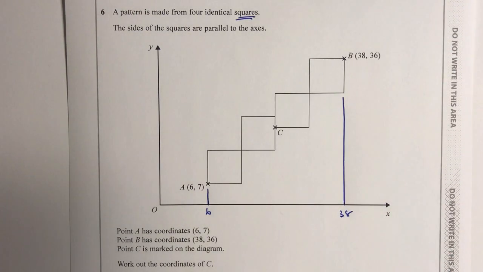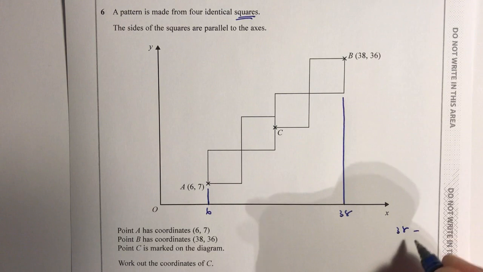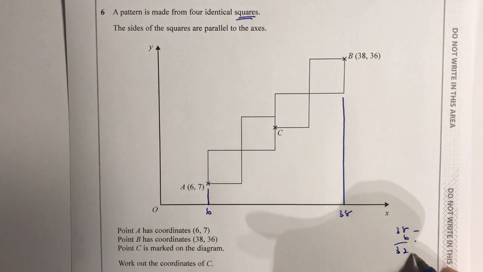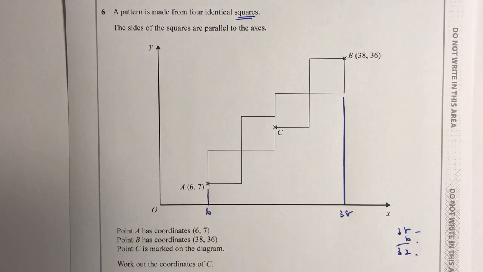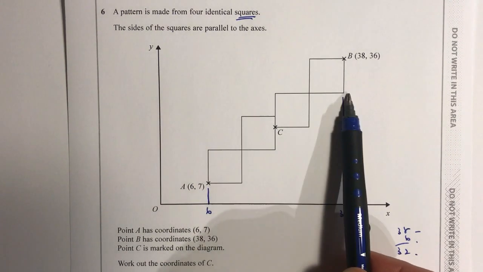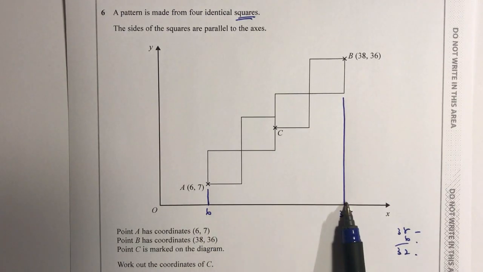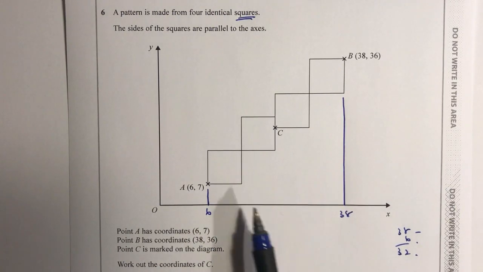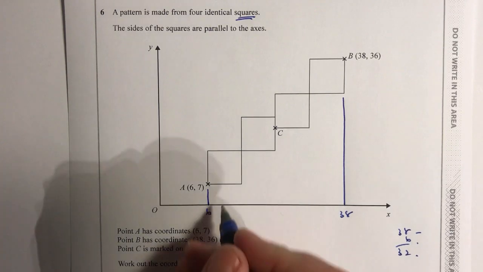So the difference between 38 and 6 is, let me just work that out, 38 minus 6 is going to be 32. Now if there's 32 and it's squares, then each of these must be exactly the same. There's 32 difference between the two, so each of these will be a side length of 8.